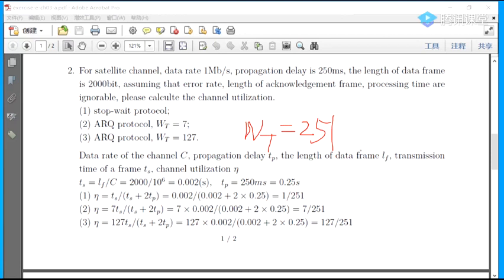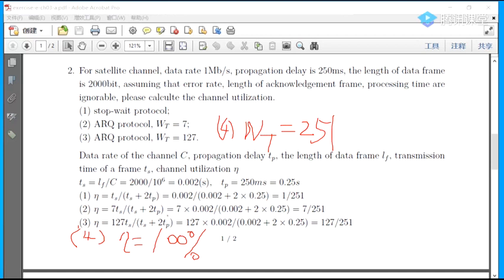The fourth sub-question is if WT is 251. Then eta is 1, right? 1 means the utilization is 100%.